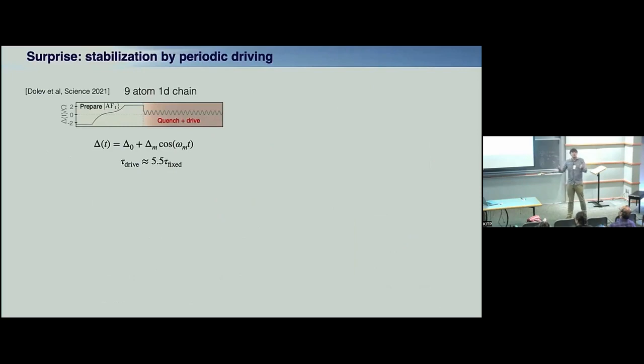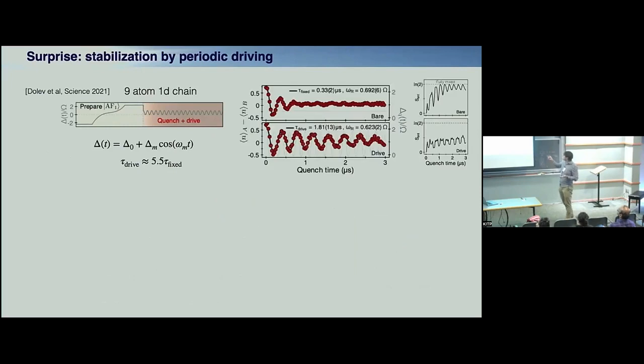Because something oscillates, you start driving the system more, so it's going to oscillate more, right? And going to heat up quicker. What driving actually did to this system is remarkable because you see that in a certain regime, driving gives you a 5-time increase in this lifetime. So I put a system, I prepare a chain at the sweetest spot where the lifetime is longest possible, and then I start driving it and I get a factor of 5 longer oscillations.